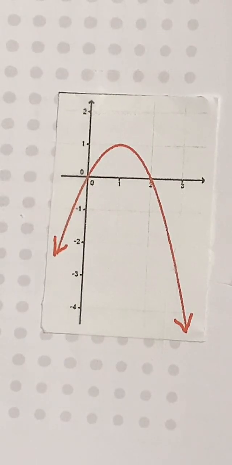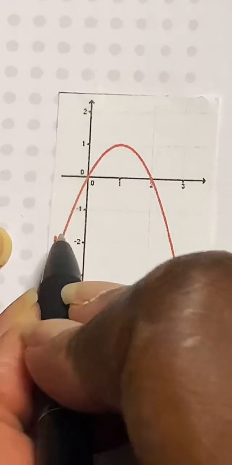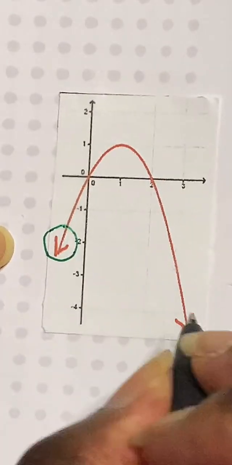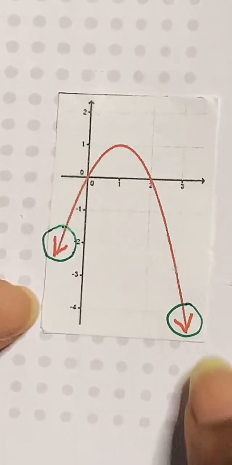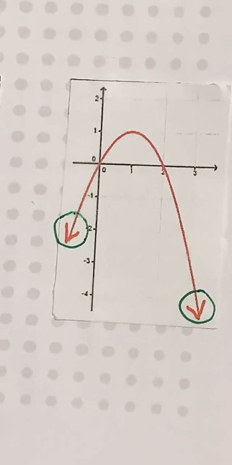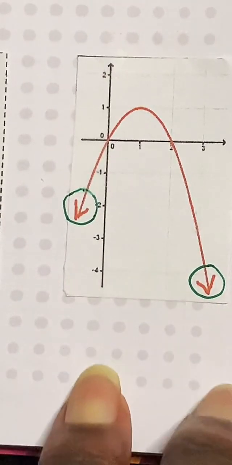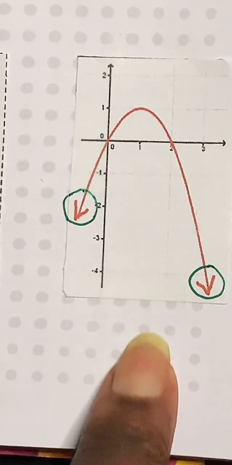There we go, Antoinette. Okay. So we got arrows. Yes. We have arrowheads this time. So when you see arrowheads, this means it doesn't have a stop. It's going to keep going. Okay, it's going to keep going all the way.